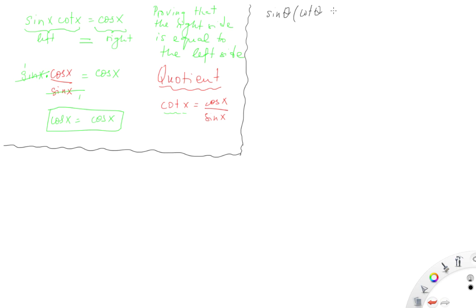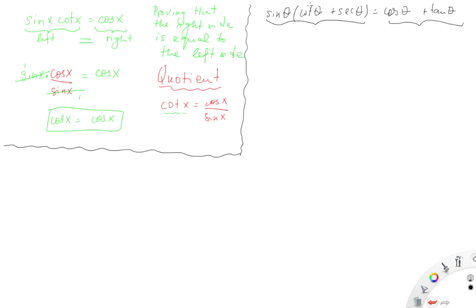Times cotangent of theta plus secant of theta equals cosine of theta plus tangent of theta. Now I want to prove that this side over here is equal to this side over here.